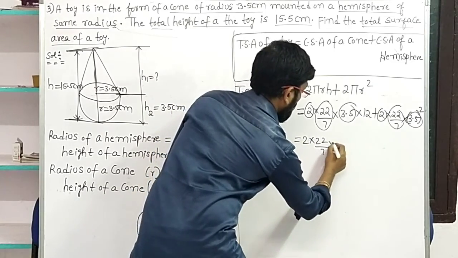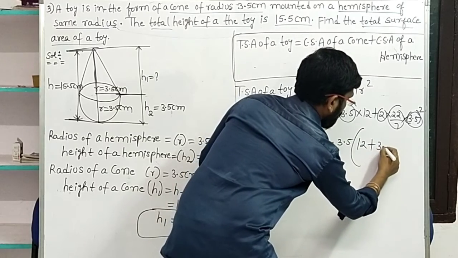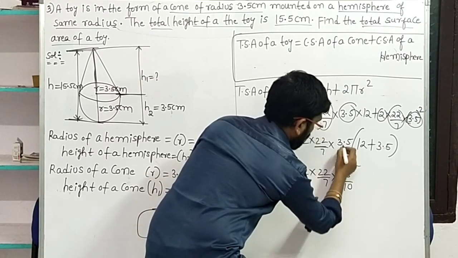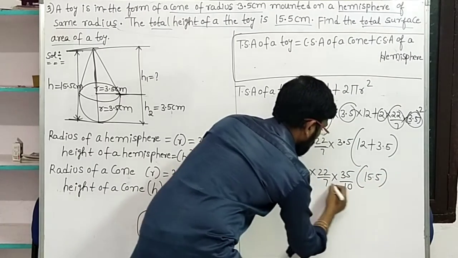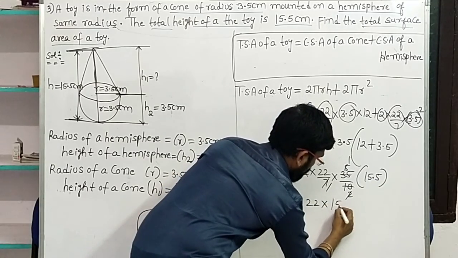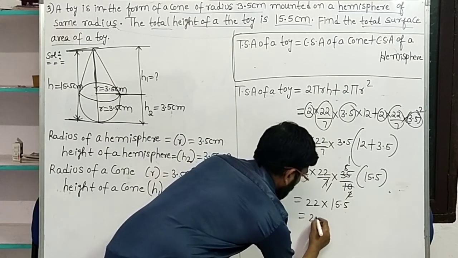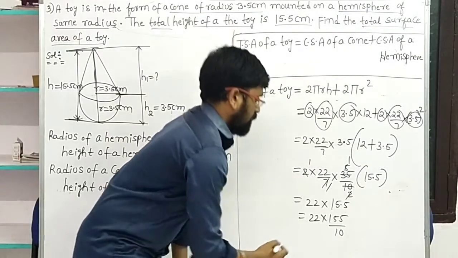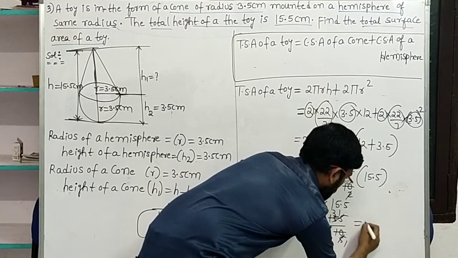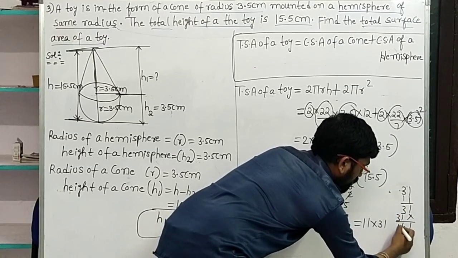2 into 22/7 into 3.5 taken common, then here 12 plus 3.5 remaining, so it will be 2 into 22/7 into 3.5 into 15.5. 3.5 can be written as 35/10, and simplifying, it will be 22 into 15.5, so 22 into 155/10. That works out to 11 into 31, which is 341.